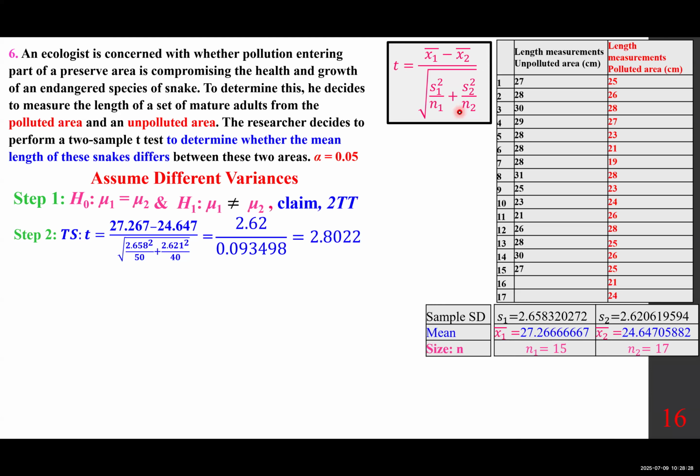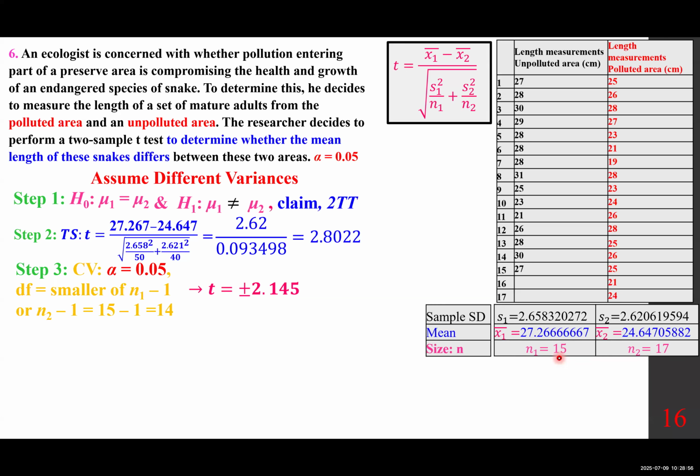The limitation for the table, we go with the smaller of the two, N1 minus 1 versus N2 minus 1. Now, this one would be 14, 15 minus 1. This would be 17 minus 1, 16. So that is smaller. We go with degrees of freedom of 14. It's a two-tail test, alpha 0.05, and we get plus minus 2.145.